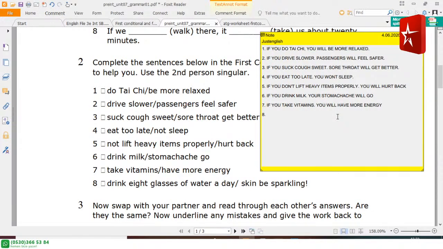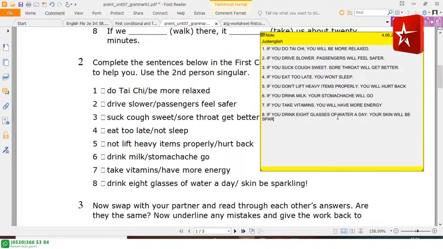If you drink 8 glasses of water a day, your skin will be what?